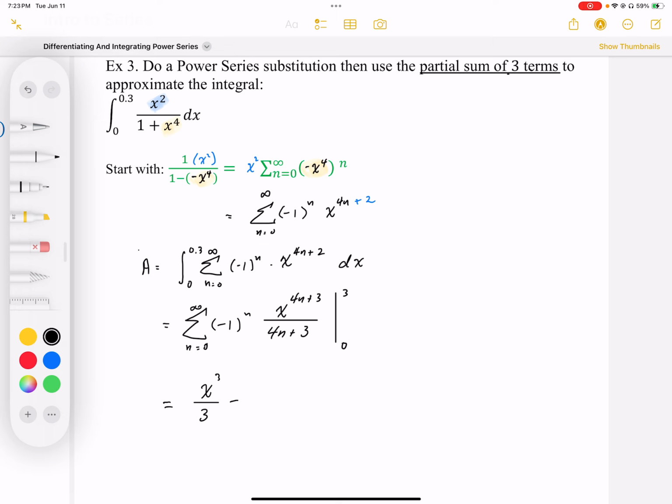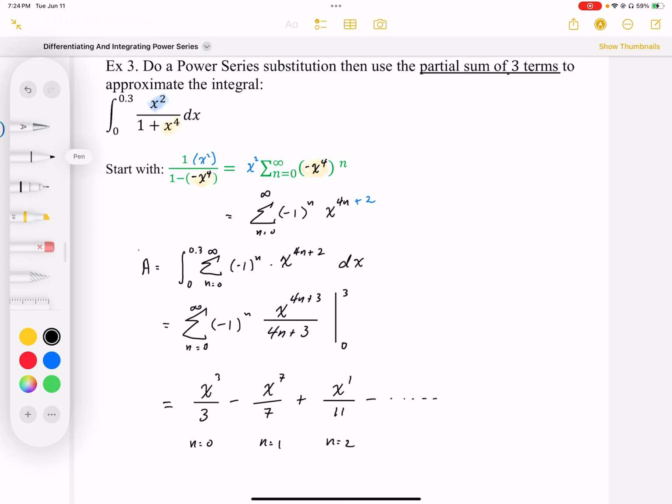Plug 1 in for n, I get negative 1 times x to the power 4 times 1 plus 3 is 7, and then that's all over 7. My next term will be positive since it's alternating. I plug in n equals 2, and I'm going to end up with x to the power 11 over 11 minus dot, dot, dot.